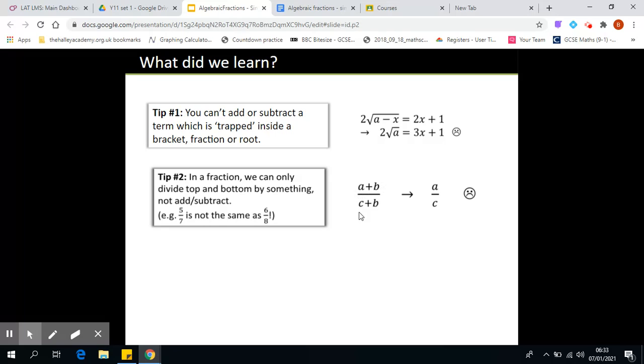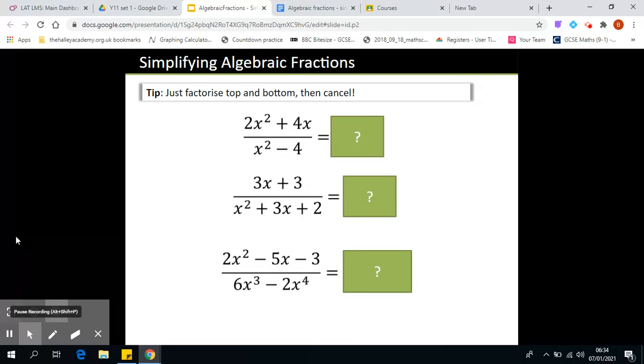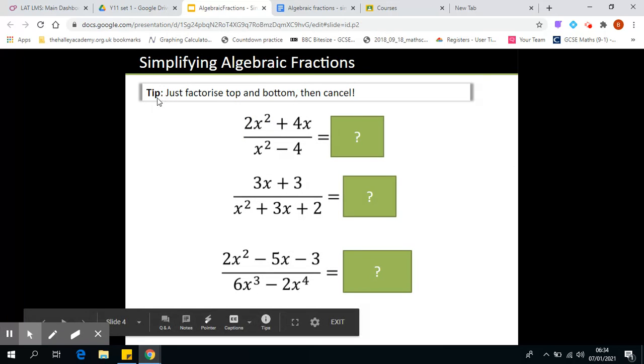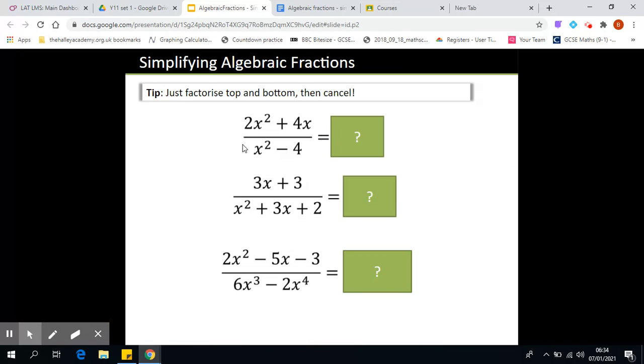Similarly, a plus b over c plus b cannot be written as a over c by subtracting b on both sides or cancelling b on both sides. And the final tip is, if you want to simplify algebraic fractions, ensure you factorize the numerator and the denominator if possible, and then simplify by dividing it with a common factor.